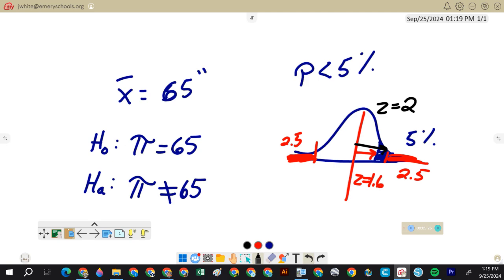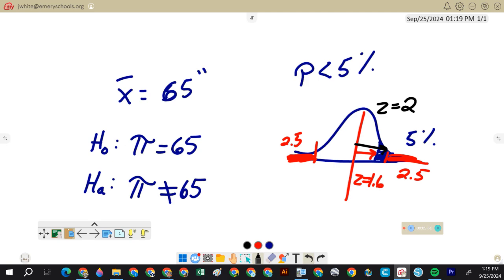So we need to figure out before we get started, is this a one-tailed test or a two-tailed test? And it comes down to one idea. Are you testing to see if your value is different than the assumed value, or do you have some reason to assume that it's going to be greater than or less than?